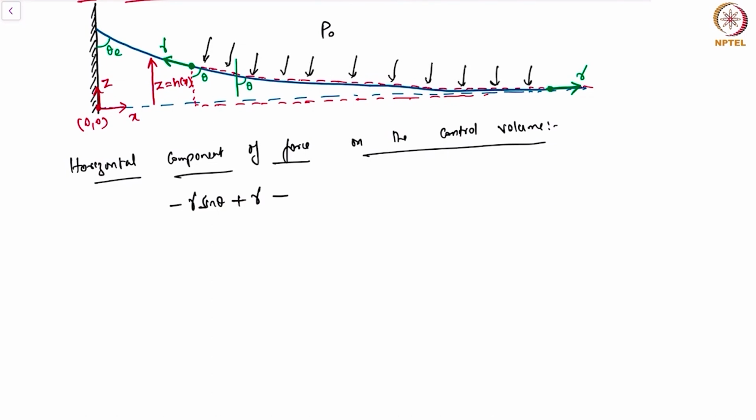This projection of this pressure in the horizontal direction would simply be the integral going from 0 to z of P naught dz, and then I also have a pressure at the bottom, and the pressure at the bottom is not constant everywhere because the height of the meniscus is dropping.